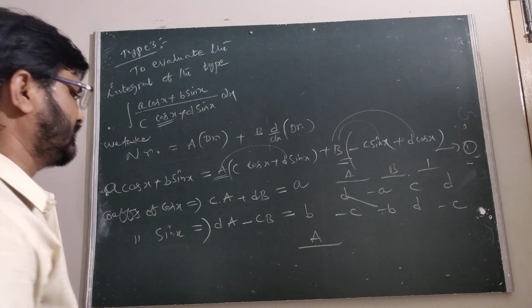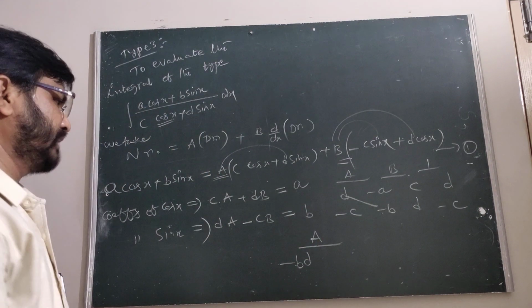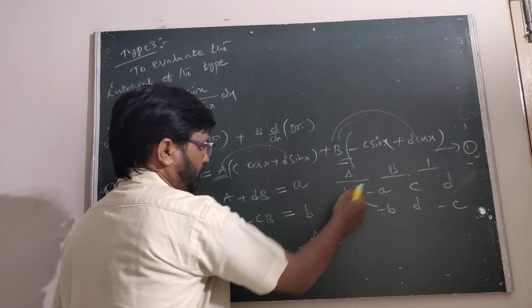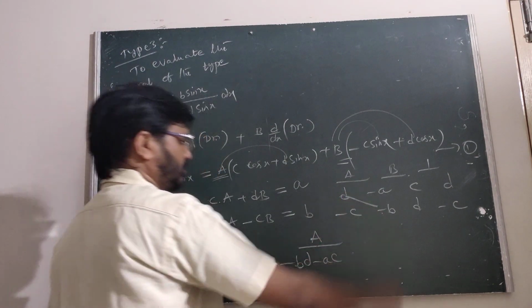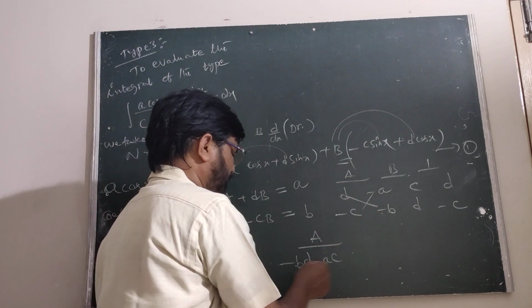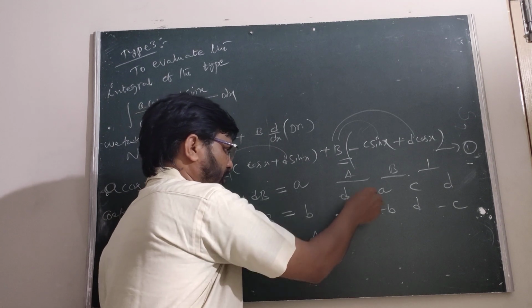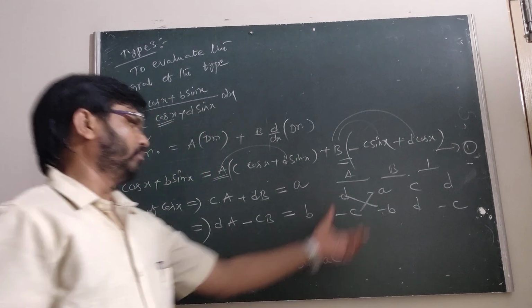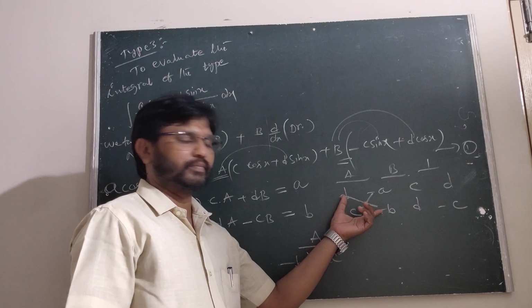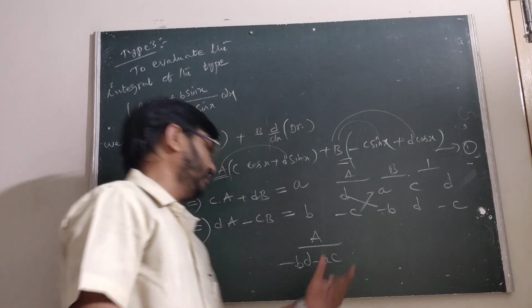Therefore BD minus AC, minus BD, minus B into D, minus BD, here plus AC, that is minus of AC. This is minus of BD, and we are taking minus BD, AD minus BC method, minus BD, now here plus AC we are getting, but minus AC.